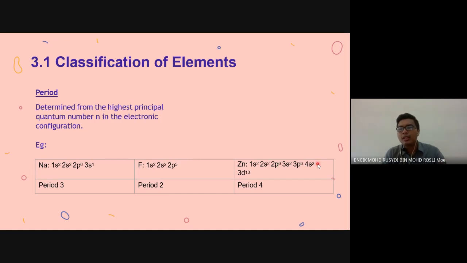Kita isi elektron pada 4s dahulu and then baru 3d. But 4s kat sini, 4 is the highest principal quantum number, jadi dia terletak in period 4.